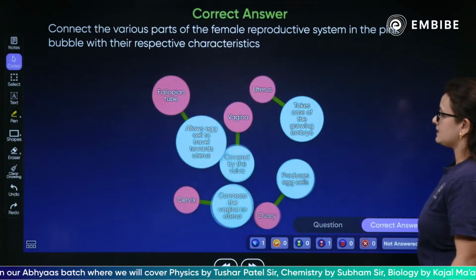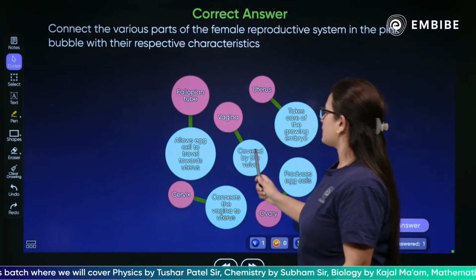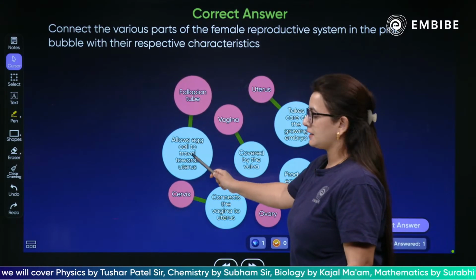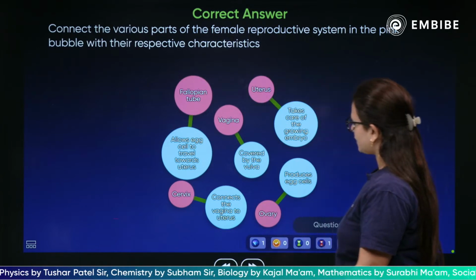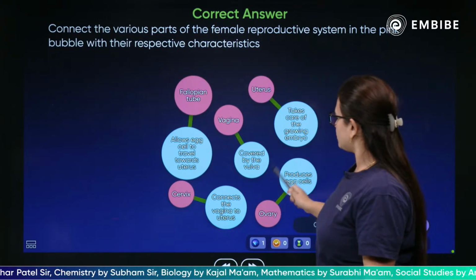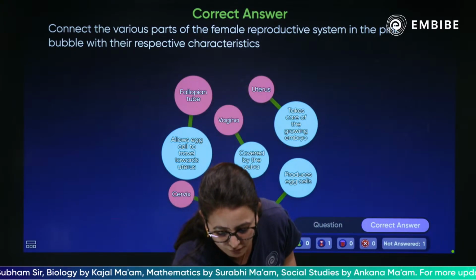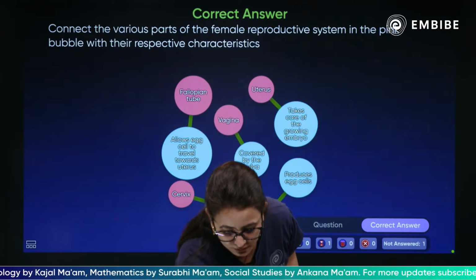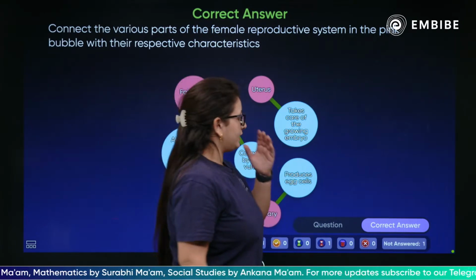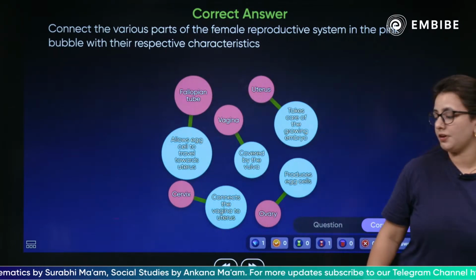Yes, the correct answer is this. The vagina is covered by the vulva. The fallopian tube is where fertilization takes place, and the cervix connects the vagina to the uterus. The ovary produces egg cells, and the uterus takes care of the growing embryo. These are the functions of the respective parts of the female reproductive system.